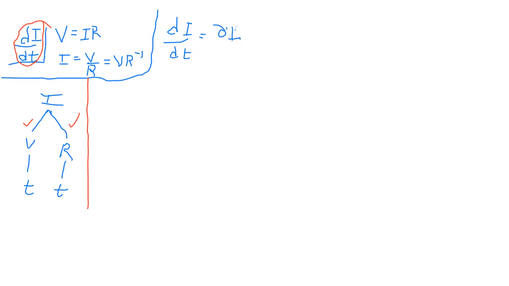Based on the flow chart, current is a function of voltage, right? Current is a function of voltage, but voltage is a function of time.